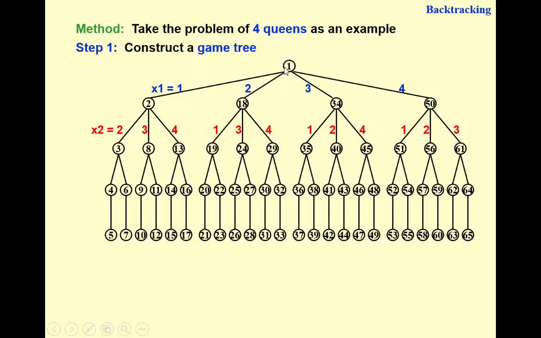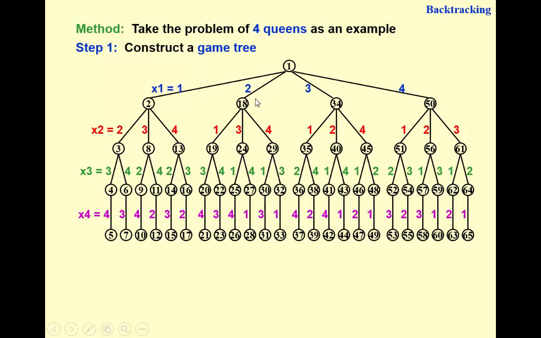For example, if we search along this path, it means that the first queen is placed at the column number 3. Then for the next queen, there are only 3 columns left. 3 is not included. Alright? So similarly, the third queen will only have 2 options, and the last queen will only have 1 position left.